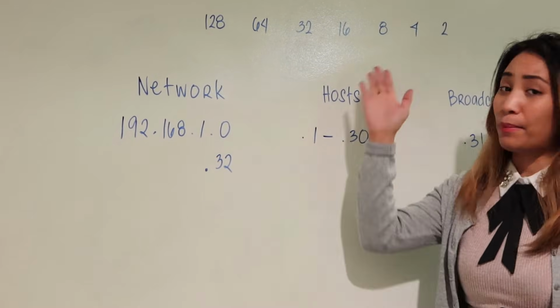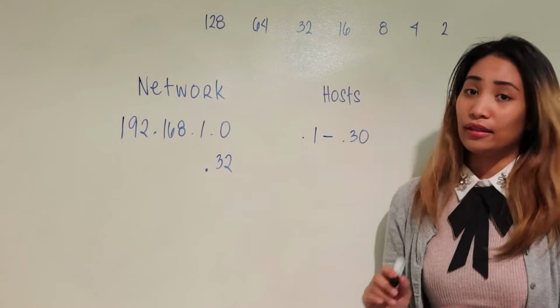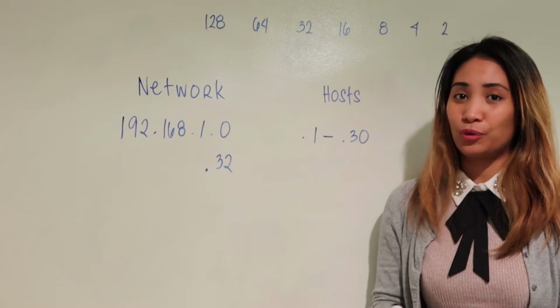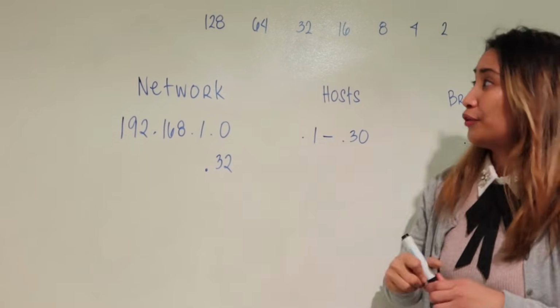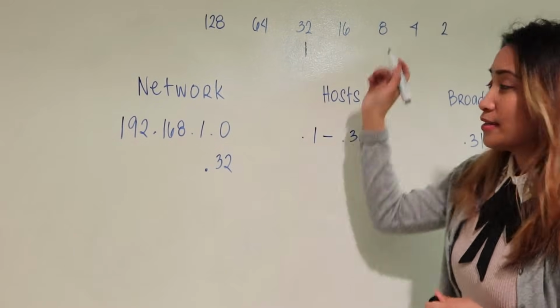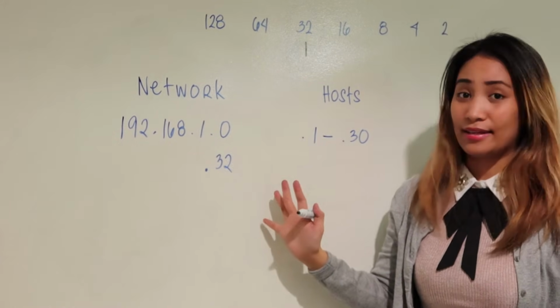Let's go back to our binary chart and identify what block size can accommodate the 25 hosts, and it's gonna be still 32 for now. So 32 is gonna be our next increment for the next network.